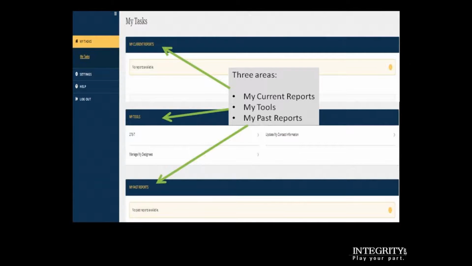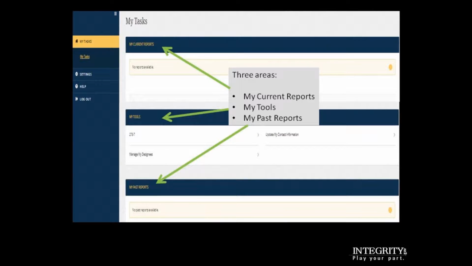On the right side, you'll see the My Tasks area. It's divided into three parts: My Current Reports, My Tools, My Past Reports. The My Current Reports area displays any assigned, started, or review in progress reports you have.